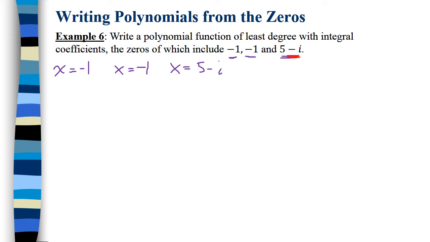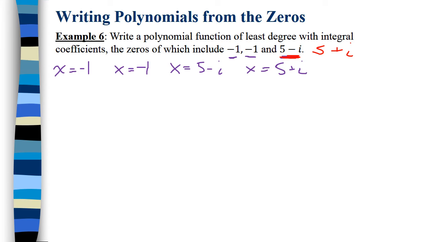Because this is a complex root, we also know that 5 plus i must also be a root, because you always have to have 2 complex or 4 complex roots or no complex roots. Right? Complex roots can't come in singles. They have to come in pairs. So here we have 5 plus i.